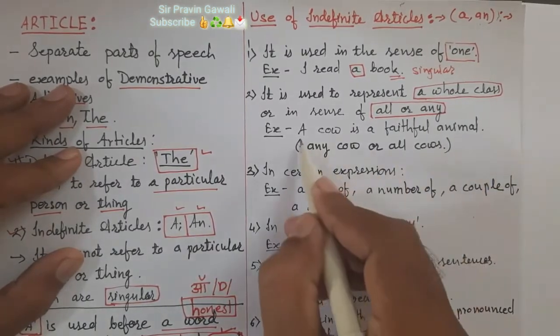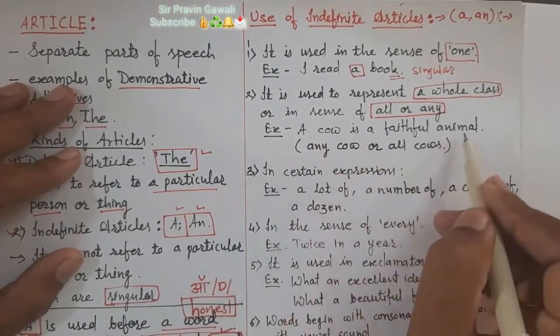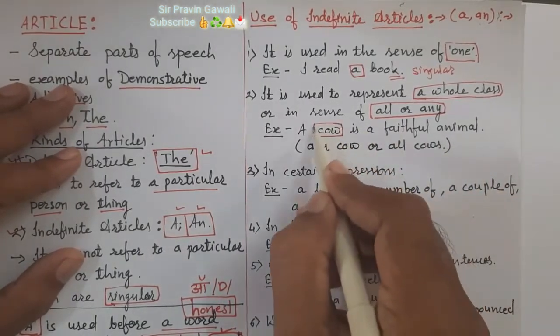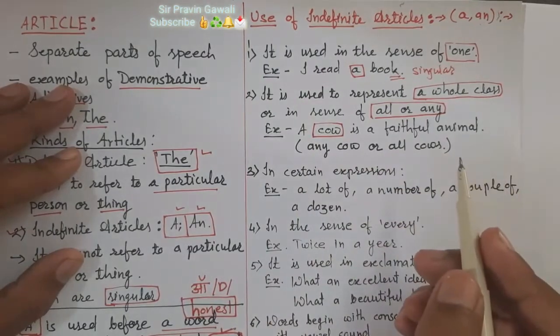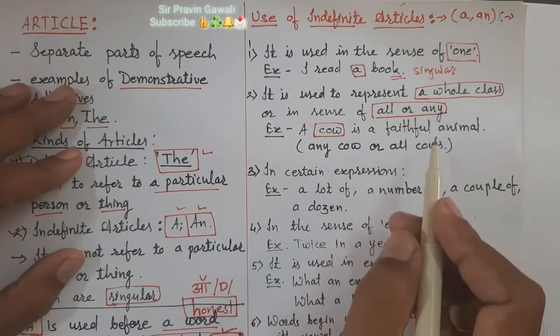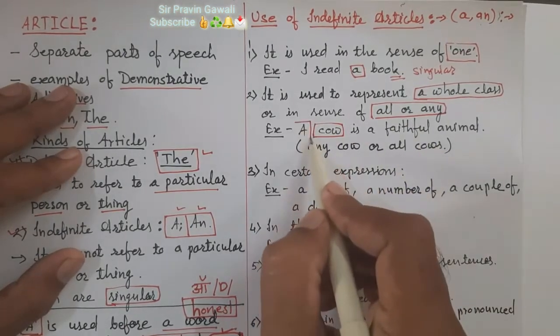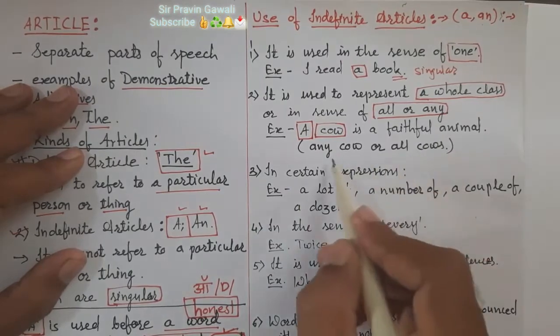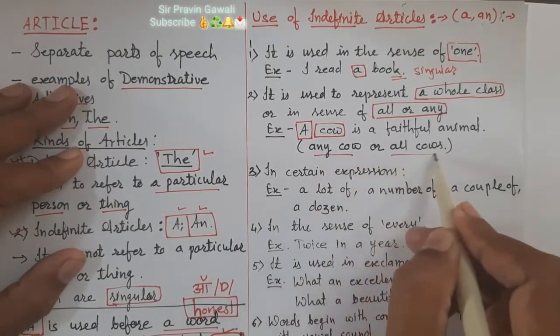For example, a cow is a faithful animal. Student, here cow refers to the complete class of the cow or the category of cow. So the article a is used. A cow is a faithful animal. It means any cow or all cows.